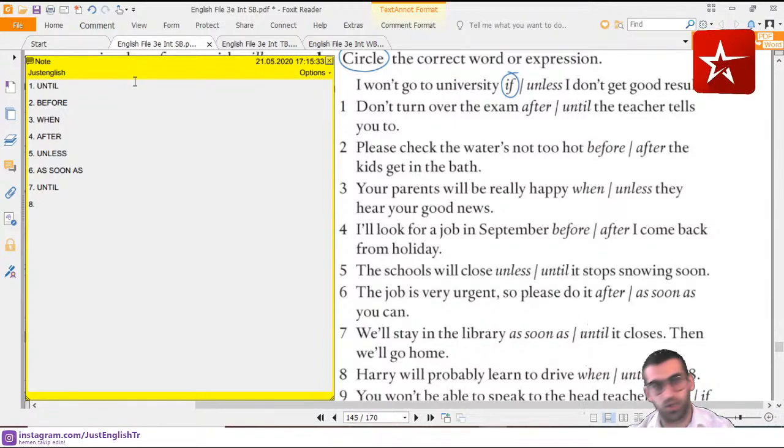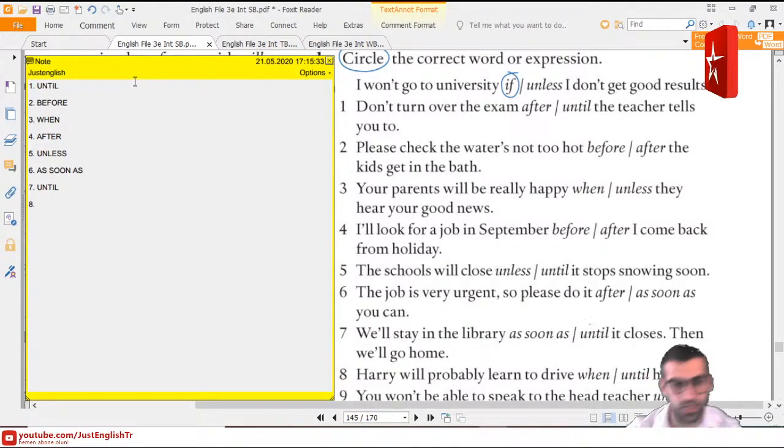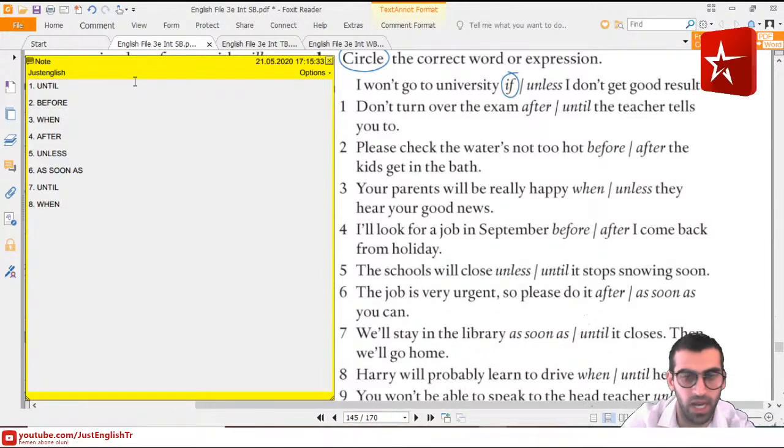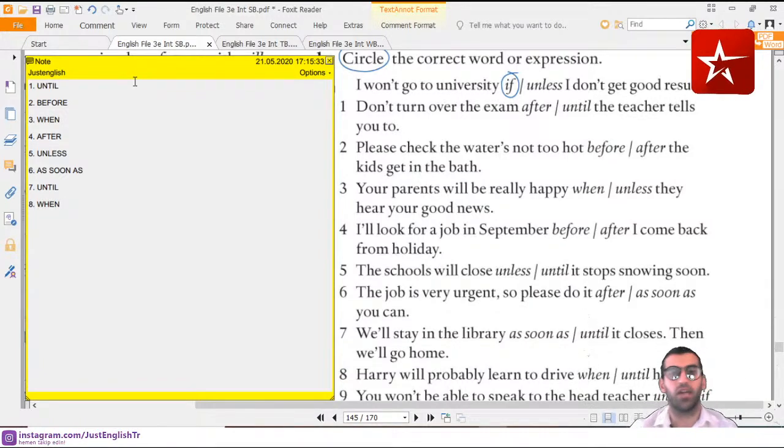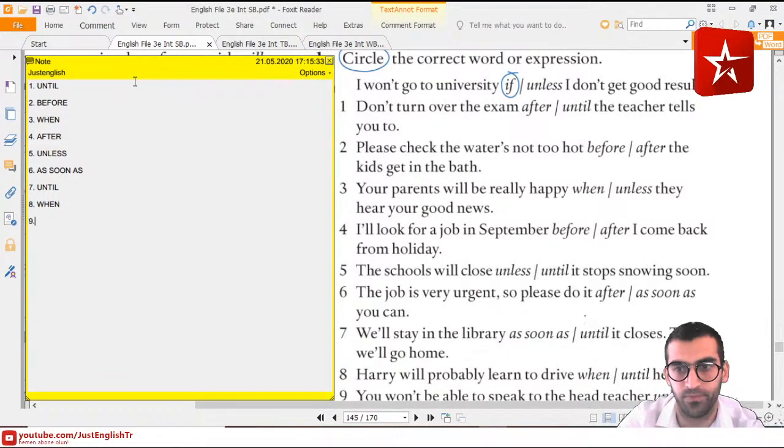Let me check your answers for number 8. Yes, when is a correct answer. Harry will probably learn to drive when he is 18. Yes, number 8 is when.